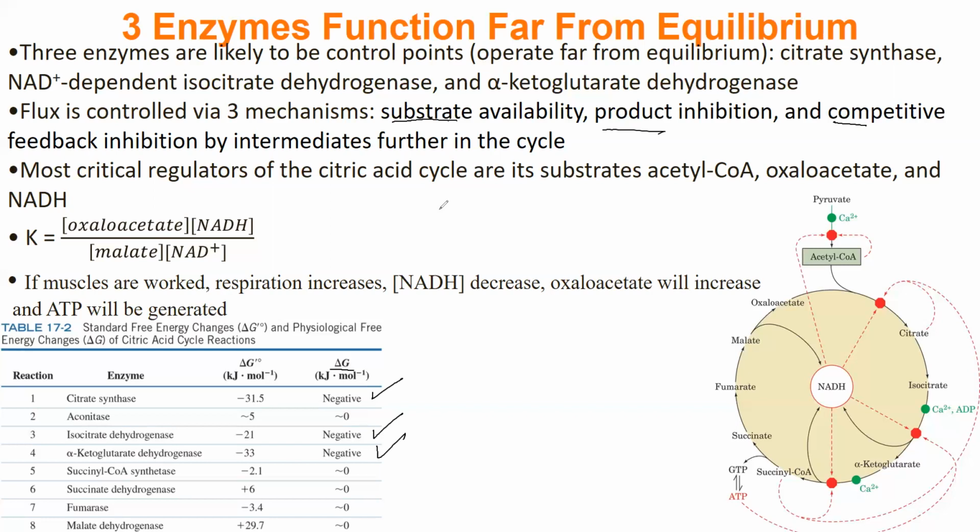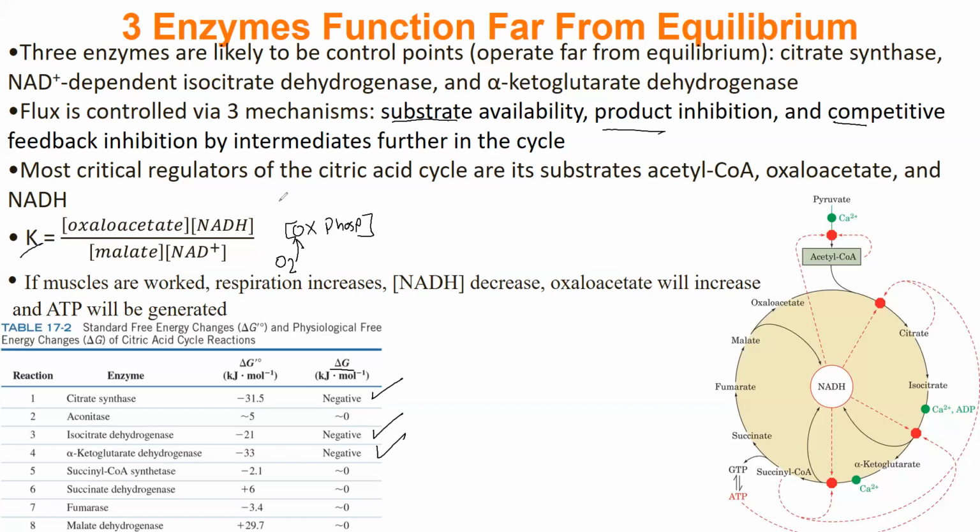Let's look at this oxaloacetate to malate reaction again using our equilibrium constant K. Remember, K, back from general chemistry, is products over reactants. Let's say you are exercising and your muscles are working. The amount of O2 you are breathing increases, because you're increasing oxygen to run oxidative phosphorylation. That means oxidative phosphorylation also increases because you're trying to make ATP.